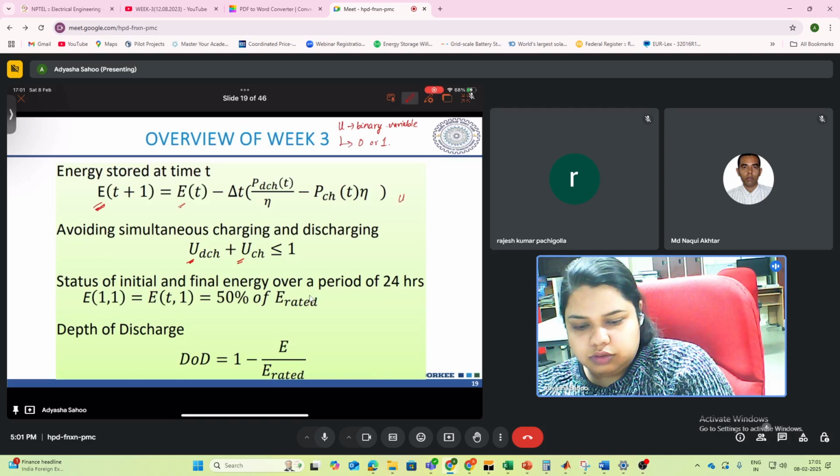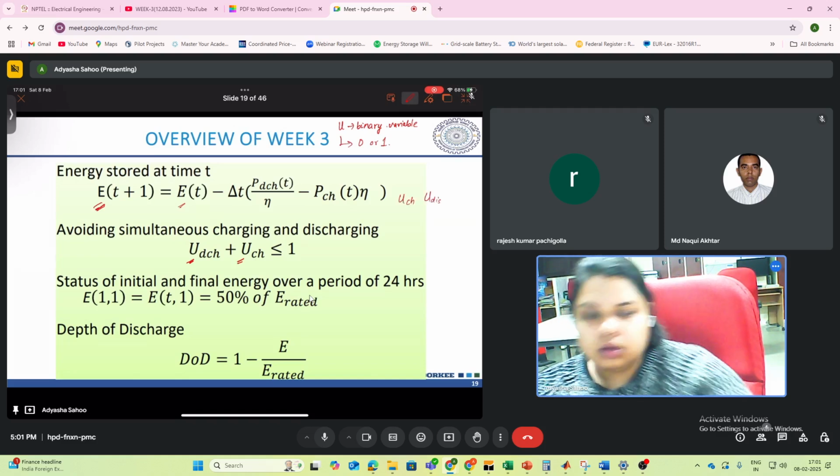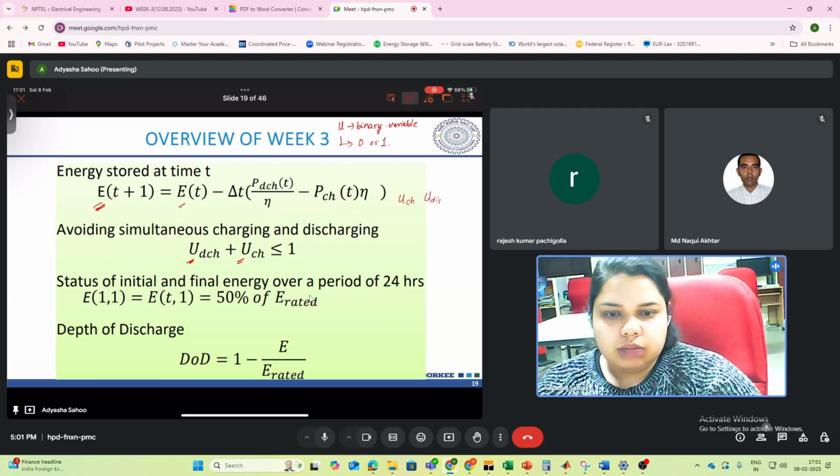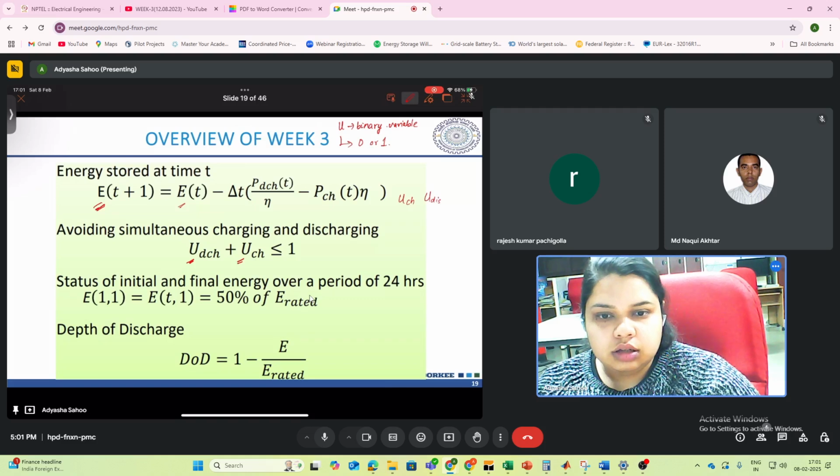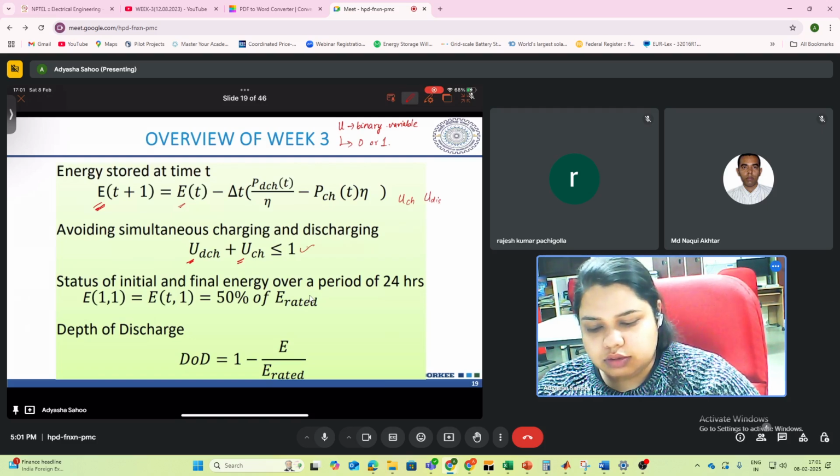So there are two binary variables, u charging and u discharging. We know that for a given time instant, the battery can either charge or discharge. To mathematically model it, we use this equation. Also, this equation is saying that the sum of u discharging plus u charging should be less than or equal to 1.